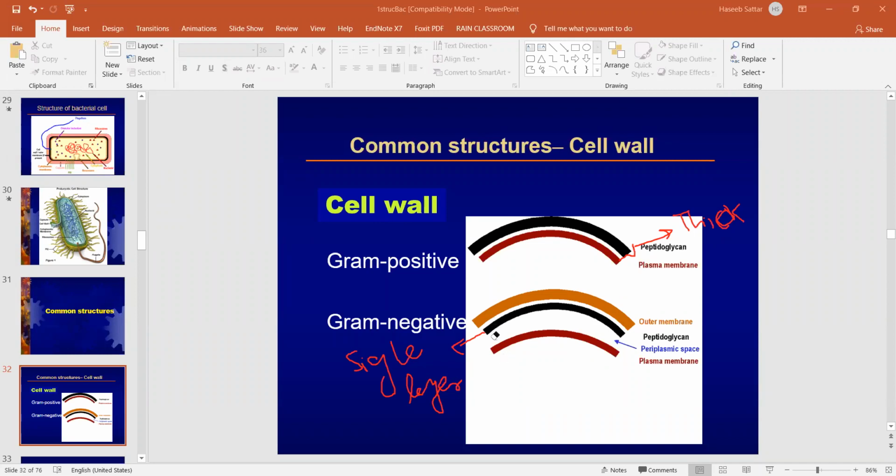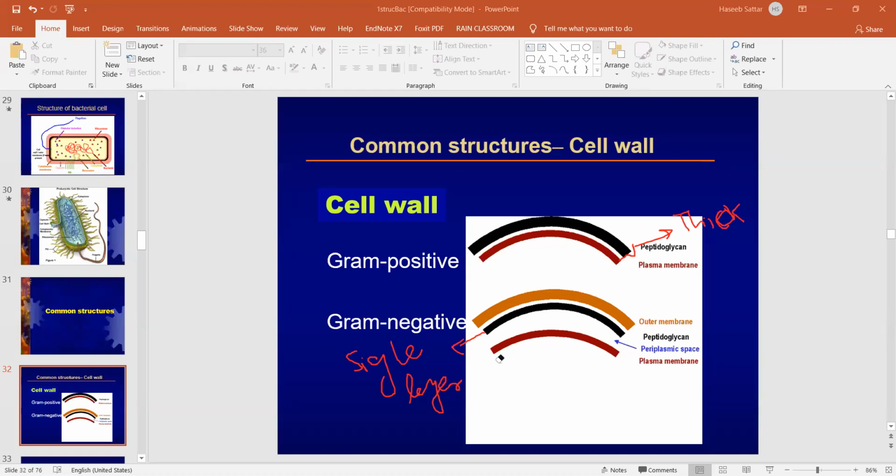And then we have a space. There is a space between the cell wall and the plasma membrane, and it is known as the periplasmic space.